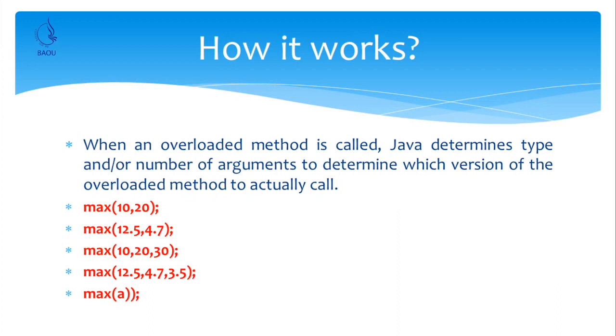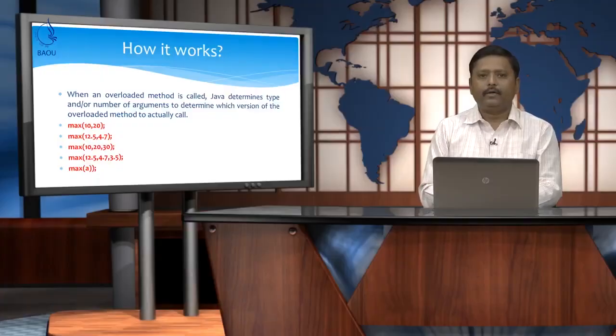In the third case, the definition with 3 long parameters is executed, and in the fourth case, the 3 double parameter definition will be executed. In the last case, if we assume that A is an array of type double, then that definition will execute. So, this is how method overloading works.